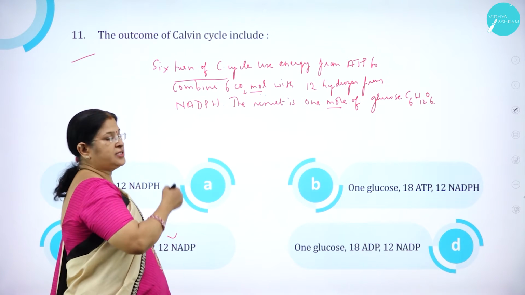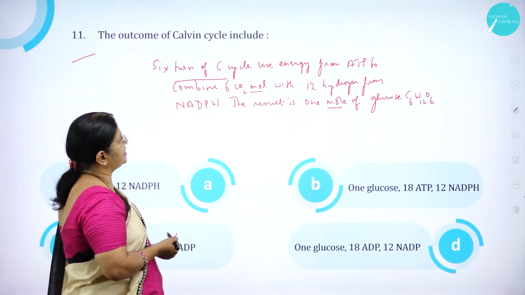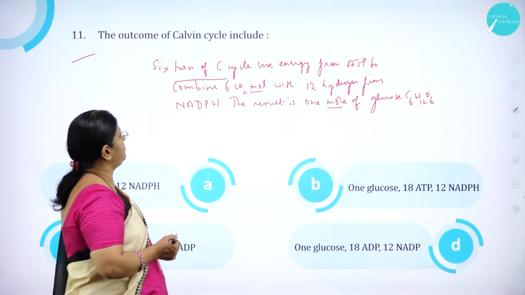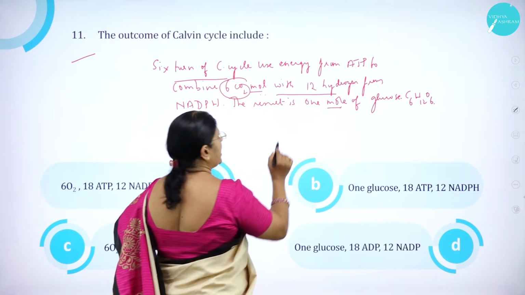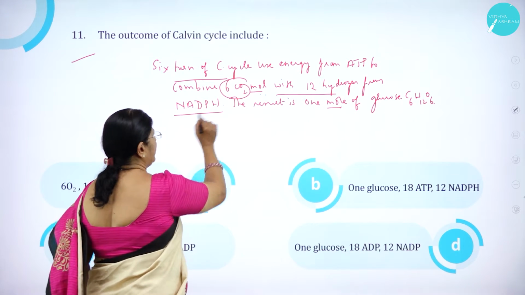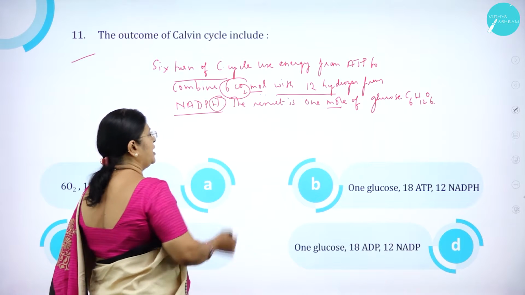So 6 turns of Calvin cycle use energy from ATP to combine with 6 CO2 molecules and 12 hydrogen from NADPH. So 12 hydrogen are used.